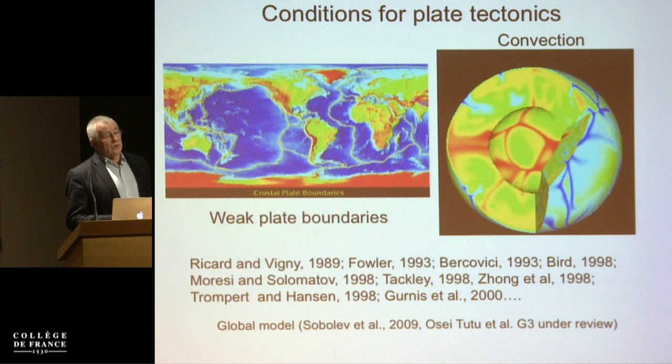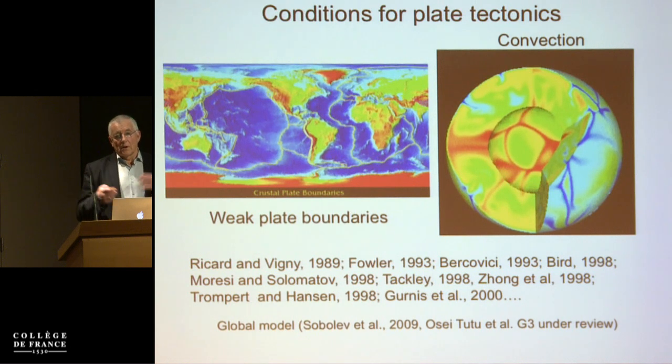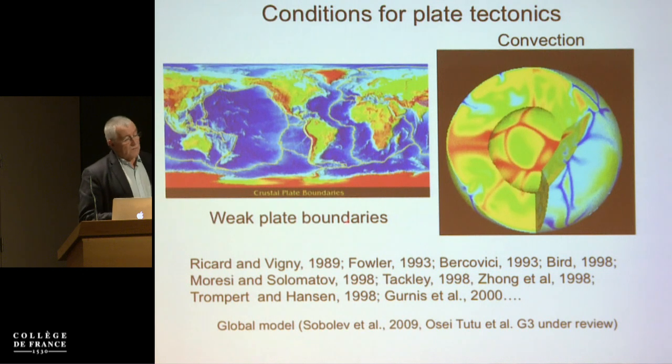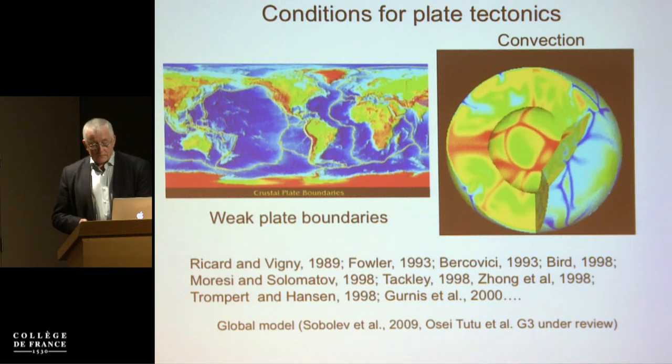But this is only one very important condition. Another very important condition is weakness of plate boundaries. They must be very weak in order for plates to move, and especially weak must be subduction zones.